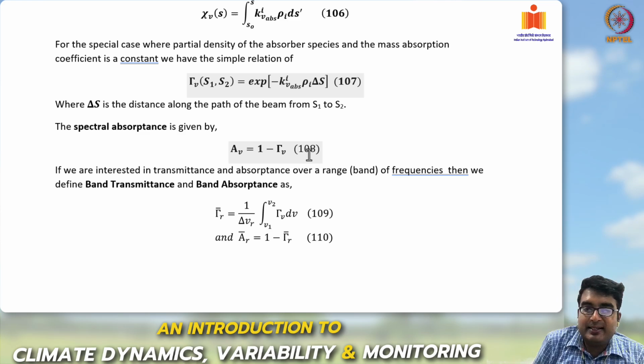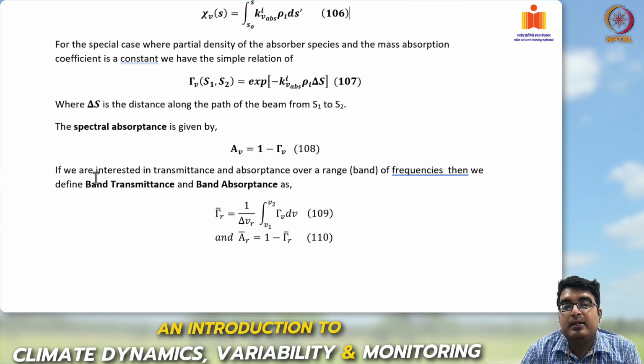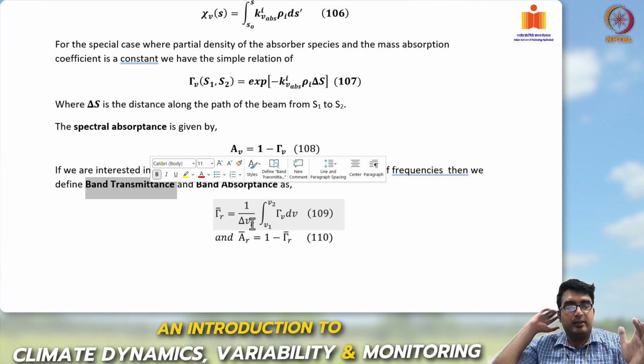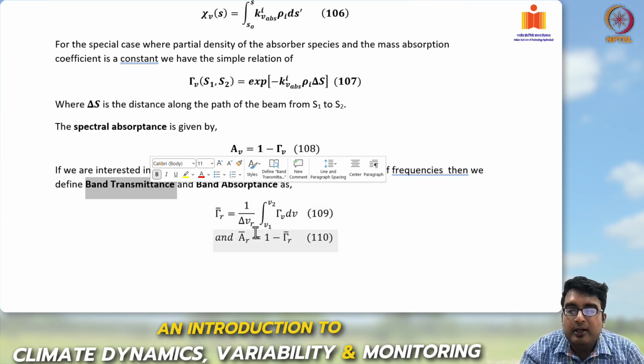In specific cases, if we want to find the transmittance over a range of frequencies, then we define band transmittance and band absorptance. Band transmittance is 1 by the entire frequency range. Suppose we want a frequency range from, say, 300 nanometer to 600 nanometer, the corresponding frequencies, say 20,000 hertz to 30,000 hertz.